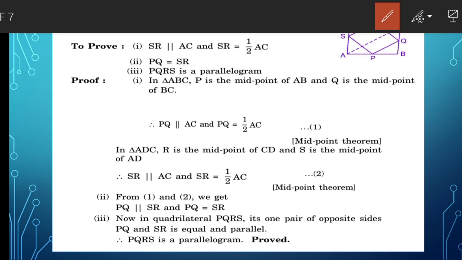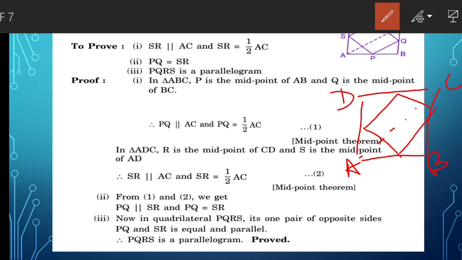Since the diagram is a little bit blocked, I am going to draw it again. So, ABCD is a quadrilateral. AC is a diagonal which is dotted, and P, Q, R, and S are the midpoints.